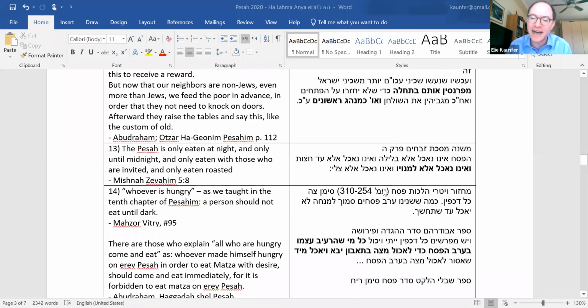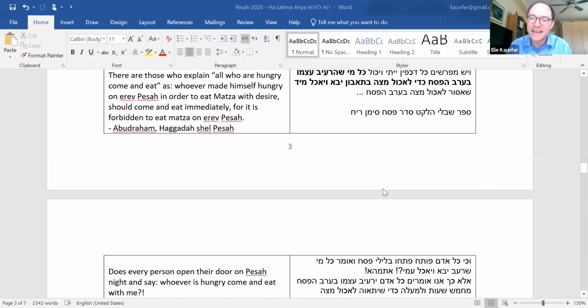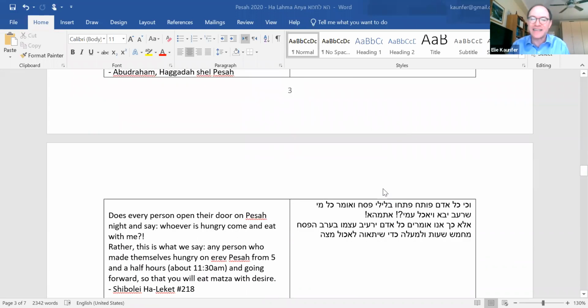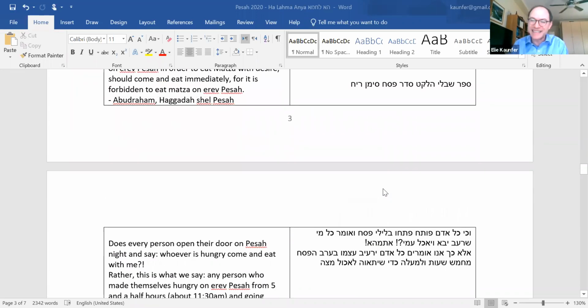themselves hungry. And we have a great version in the Shibbolei HaLeket, another medieval Italian sage, who says, b'chi kol adam potech picho b'leilei Pesach? Is it really the case that everybody opens their door on the night of Pesach? V'omer kol mi sheraev yavo v'yochal imi, and it says whoever is hungry should come eat with me. That's not what people do.